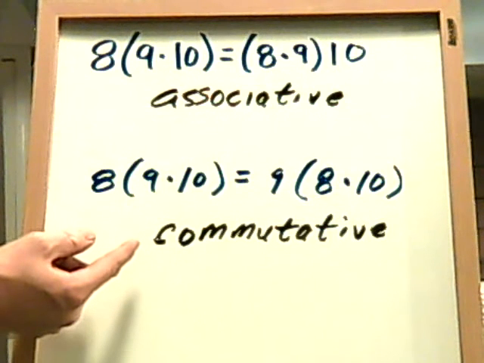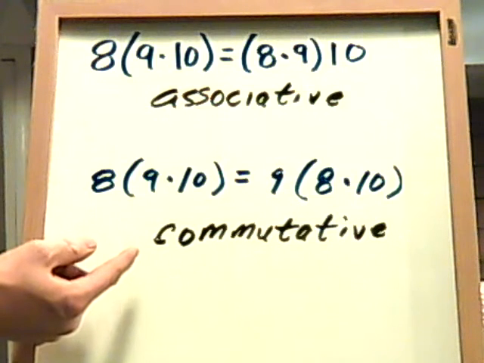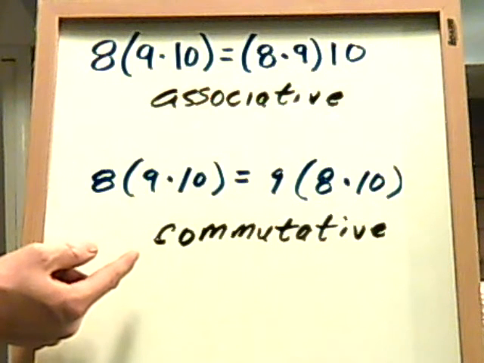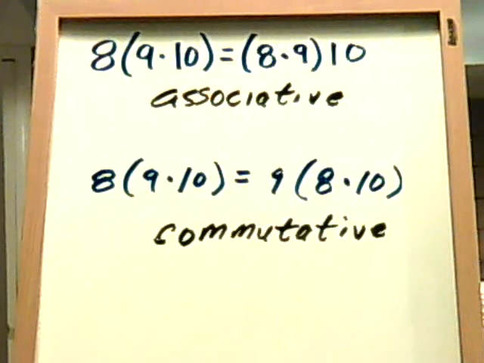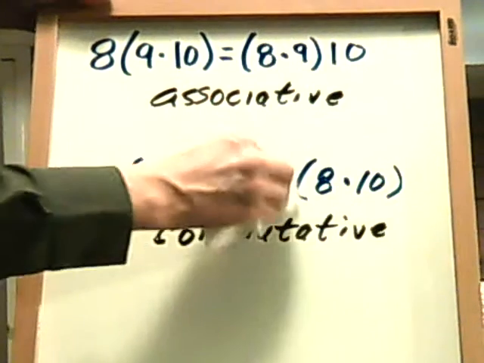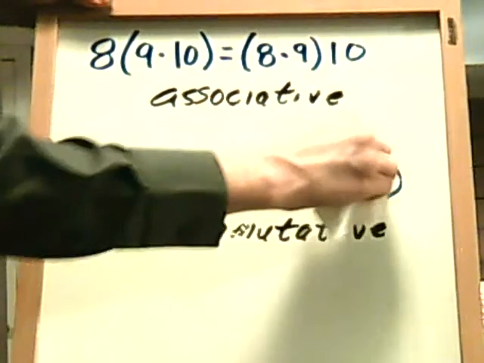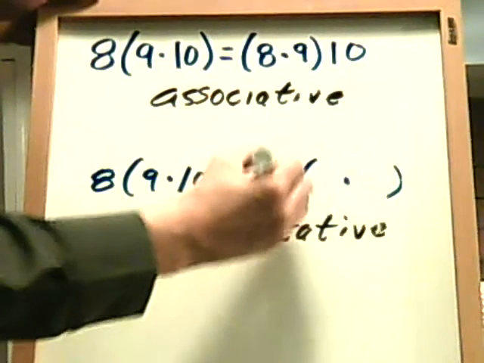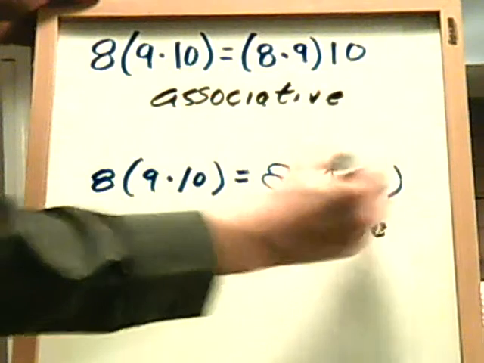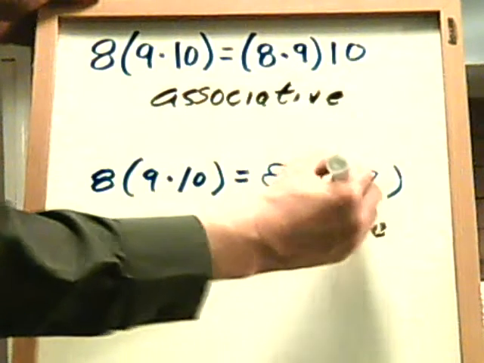So if you notice, you had 8 times 9 times 10, and actually a better example would be 8 times 10 times 9. Yeah, that's better.